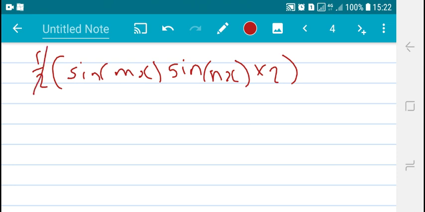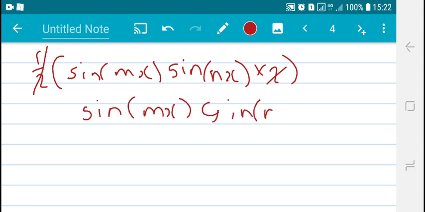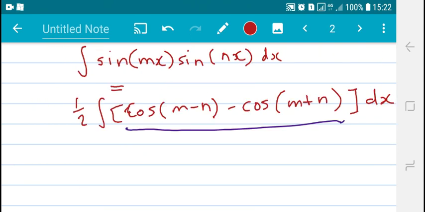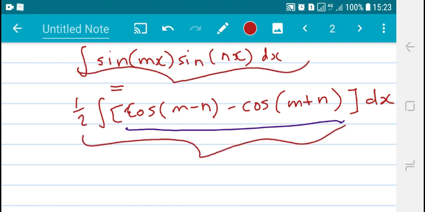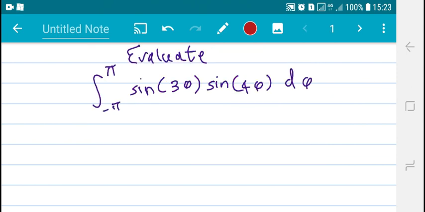Of course, a half times 2 is 1, and so we get sine of mx sine of nx. And so we've essentially proved the result that we had here, right? So this is the same as this. And now we can use this result to solve for this one here.